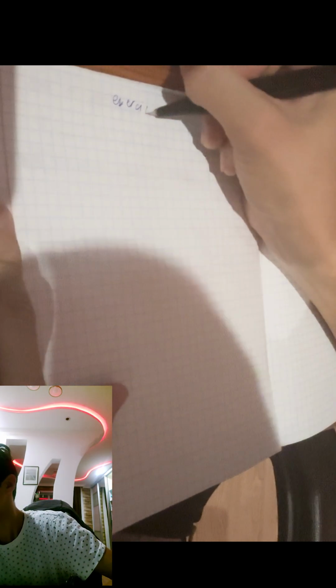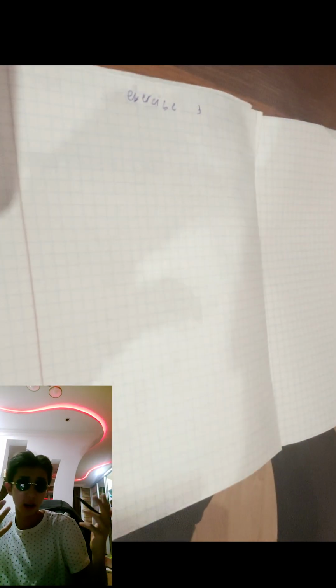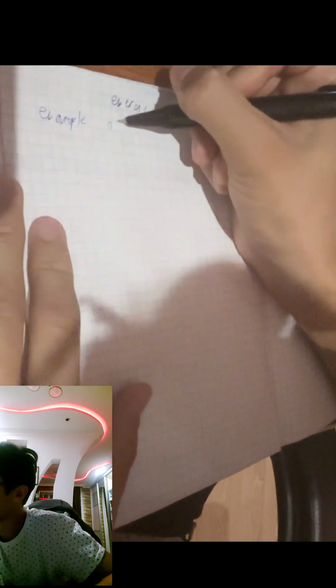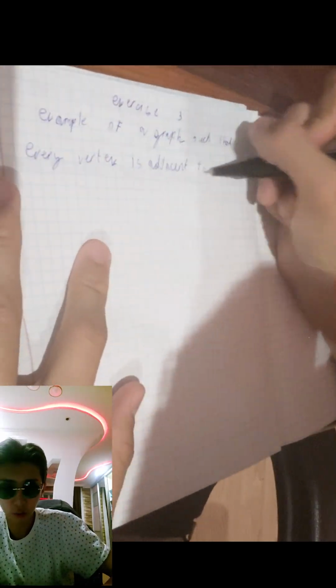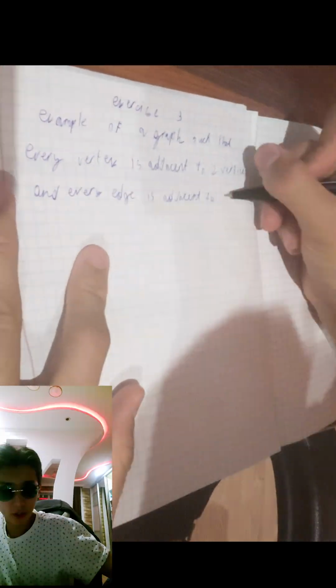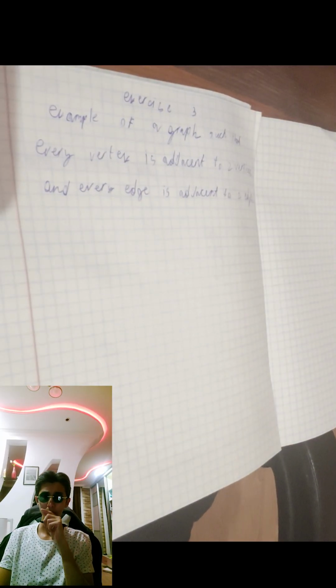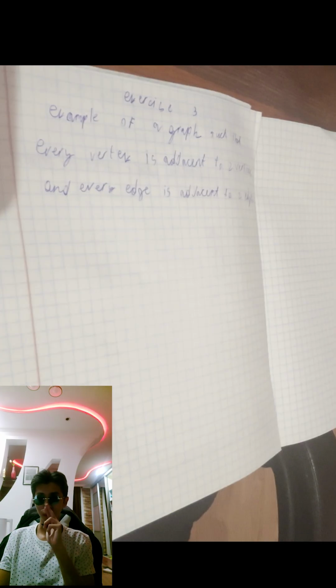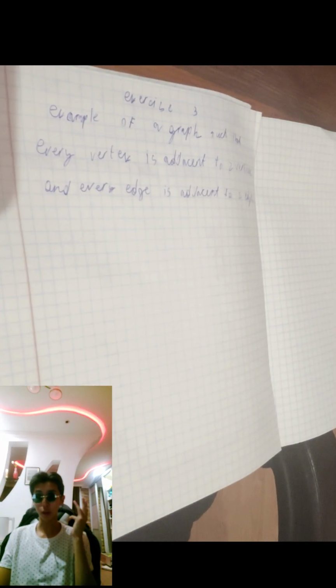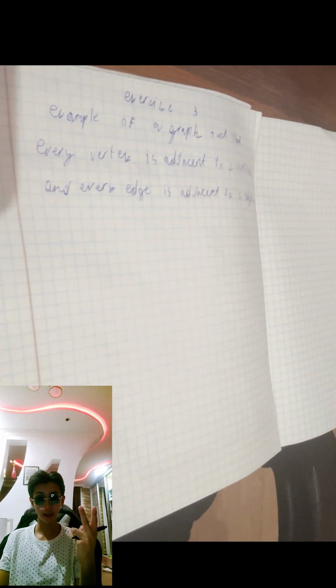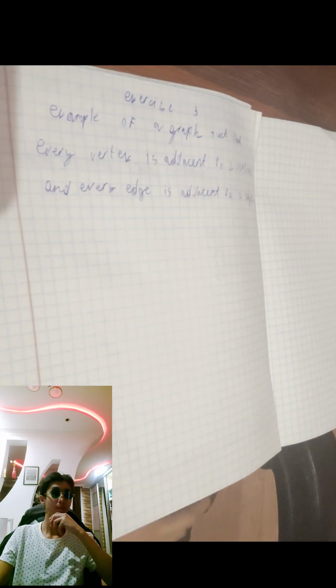Exercise 3. Oh, I need to write it. And now you think that's impossible. Every vertex is adjacent to 2 vertices, and every edge is adjacent to two edges.